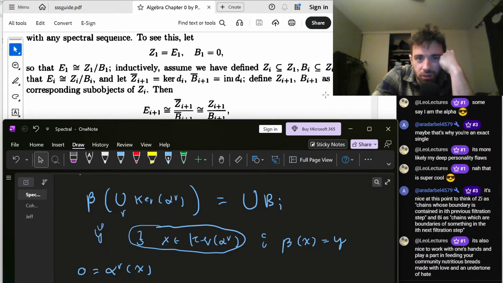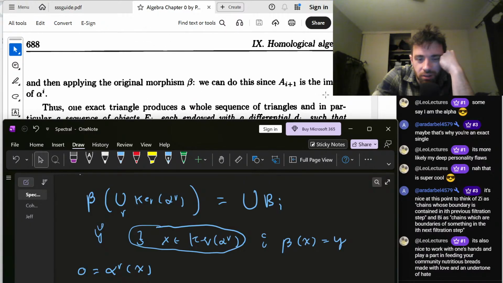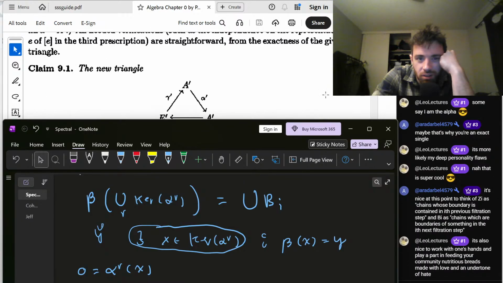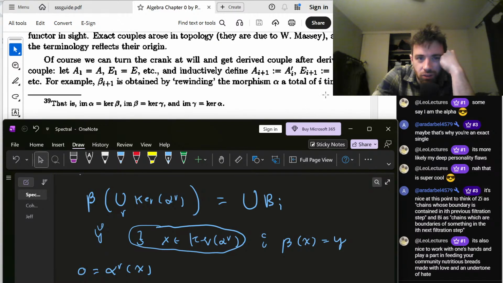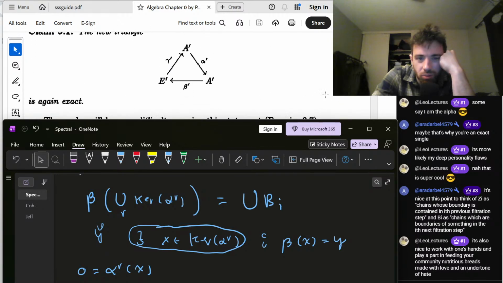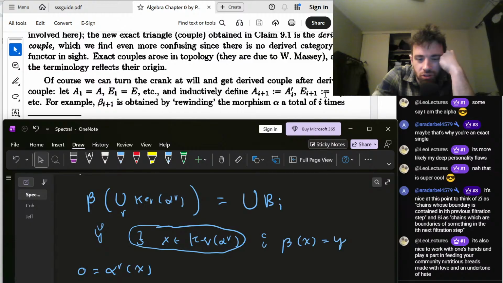And alpha went from where to where? Alpha R goes from one of the A's to one of the A's.